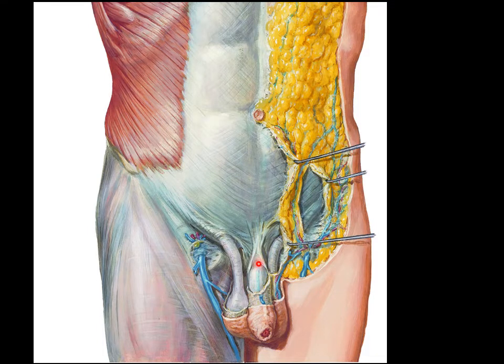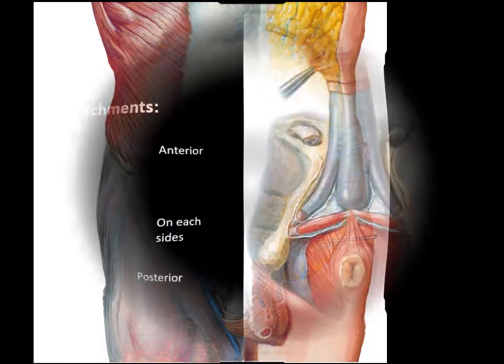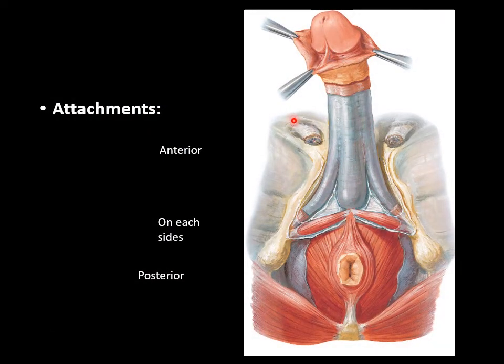The same fascia extends posteriorly as the dartos muscle and its fascia, which is also a covering of the scrotum. Then, after covering the scrotum, it extends posteriorly as the Colles fascia.